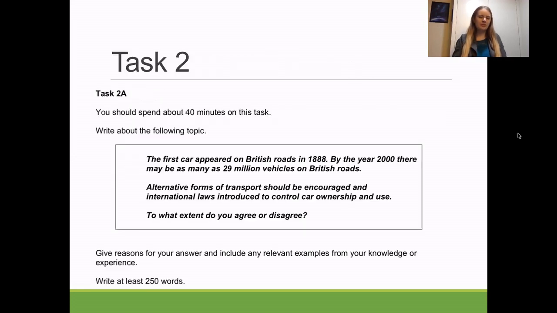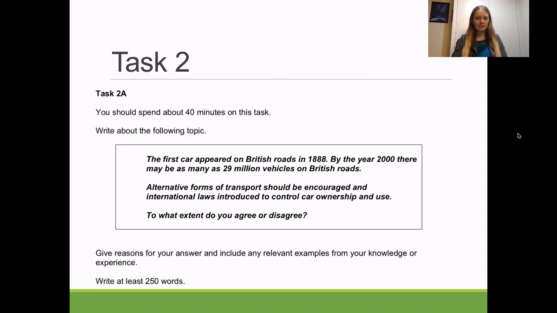For one example of what this section of the test looks like before we get into scoring, here is an example. You should spend about 40 minutes on this task. Write about the following topic. The first car appeared on British roads in 1888. By the year 2000, there may be as many as 29 million vehicles on British roads.